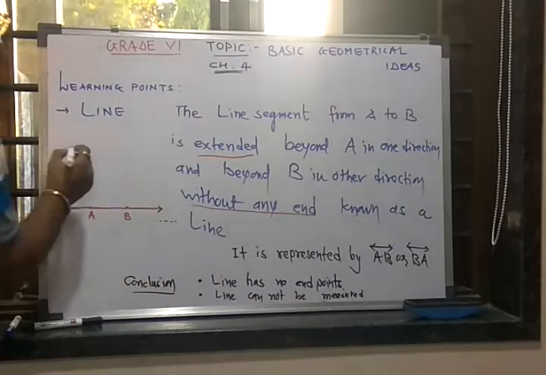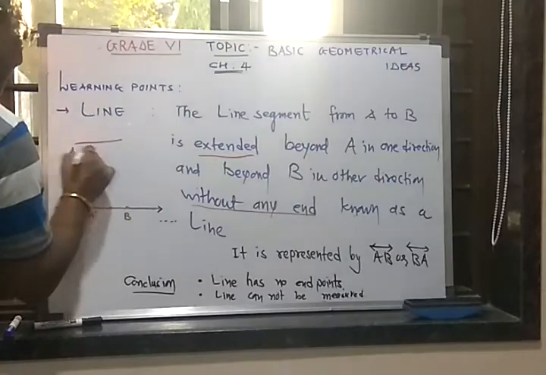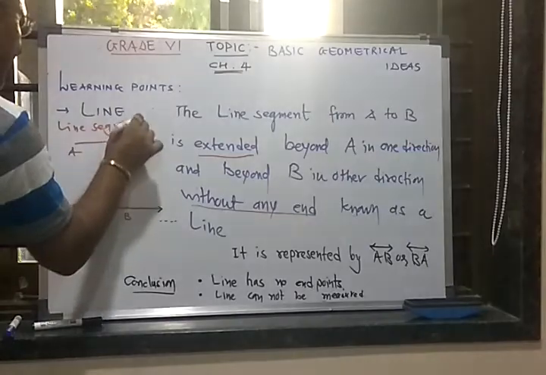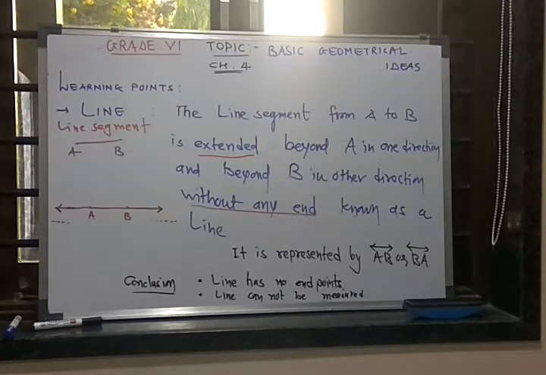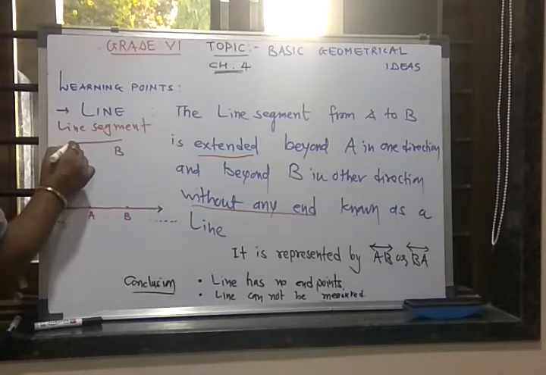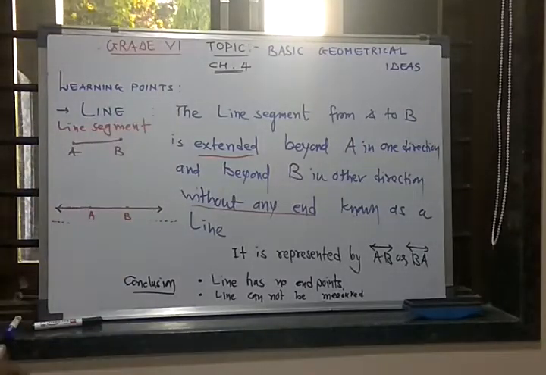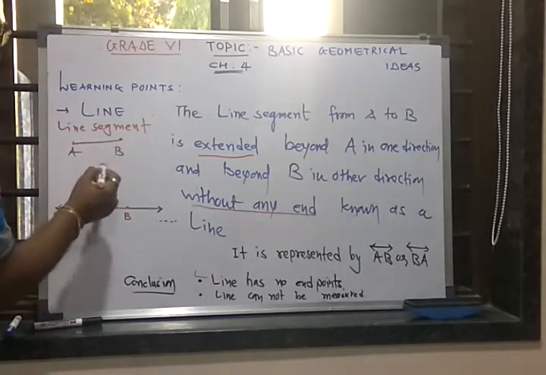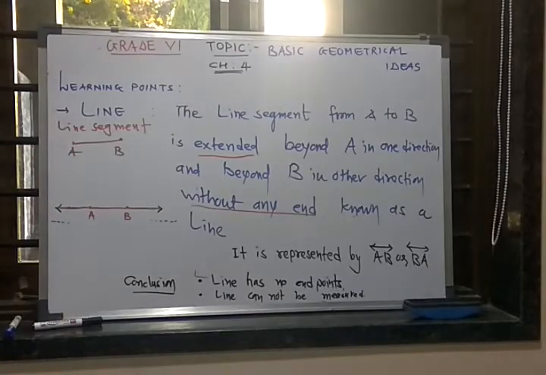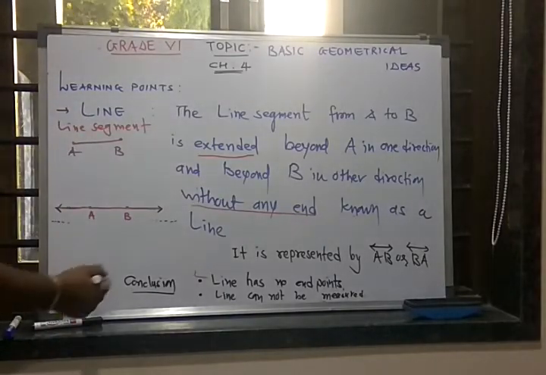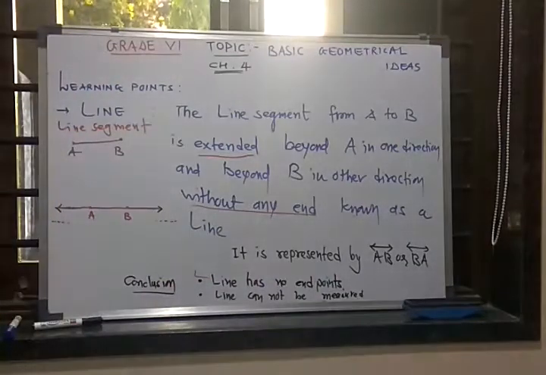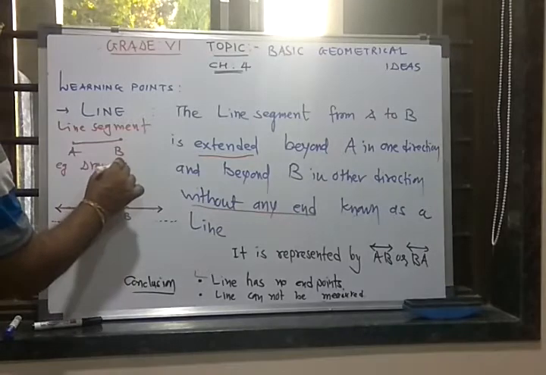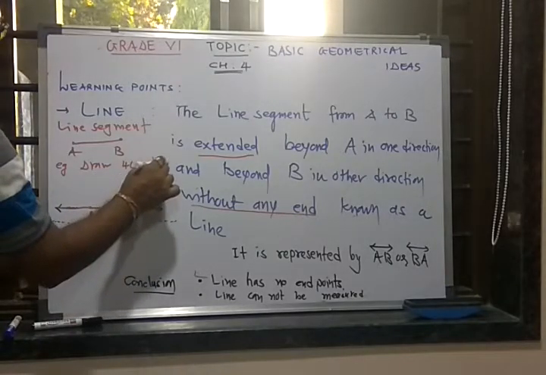While in the case of a line segment, when we compare, a line segment has two endpoints, while a line has no endpoints. A line segment can be measured. A line cannot be measured. Say for example, draw a 4 centimeter line segment.